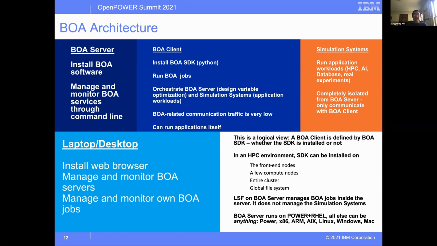This is not the total number of inputs to your application. It's just the set of design variables you want to vary in order to find the optimal solutions. So typically this is not a big amount. It's not like parallel computing where you do a lot of communication.